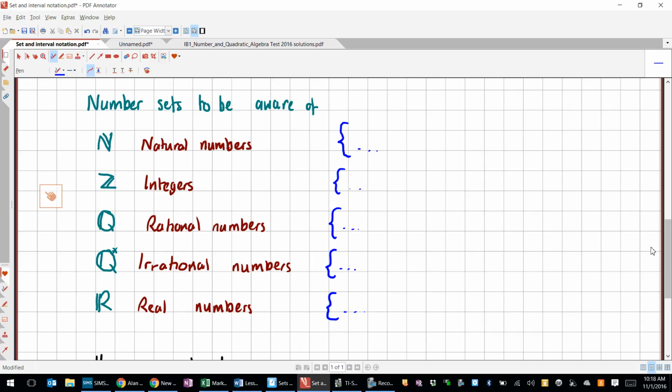There's another name for them: counting numbers. So natural numbers will not include what? Decimals, definitely, fractions, and it won't include negatives.